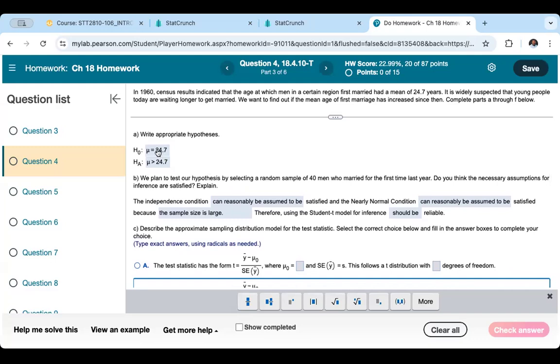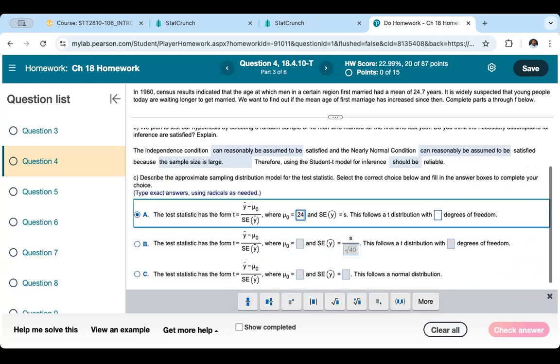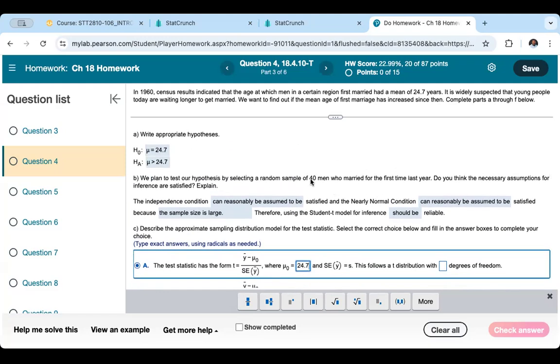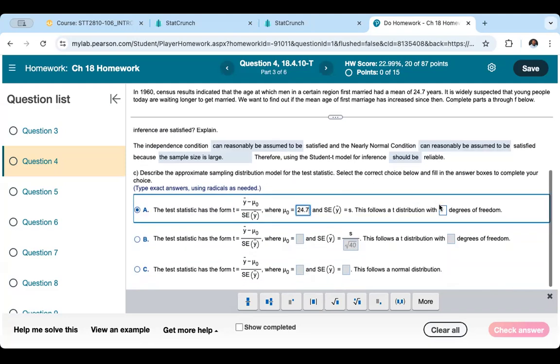Our mu naught is always this, which is 24.7. What is the degree of freedom? It's 39, because the sample size here is 40. Degrees of freedom is N minus 1, so that gives you 39.